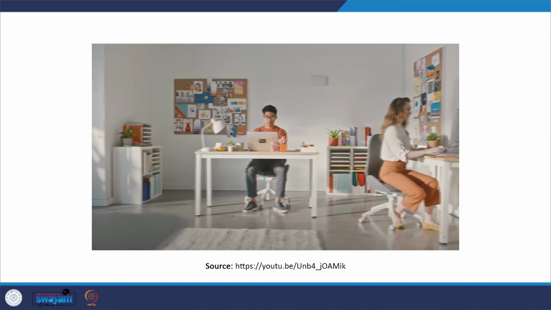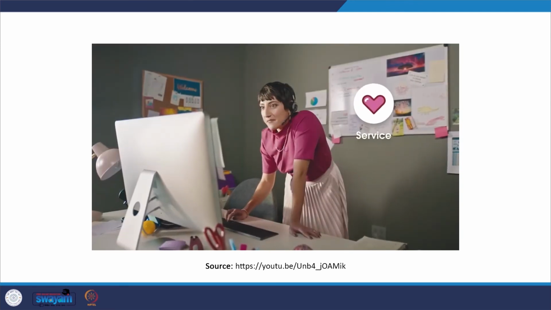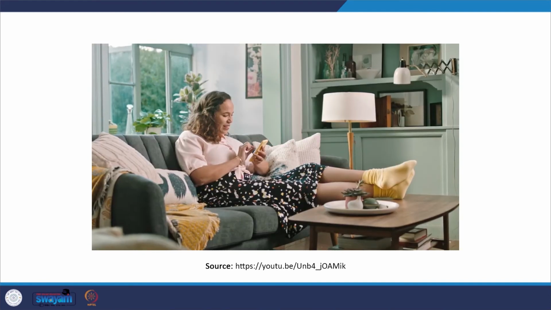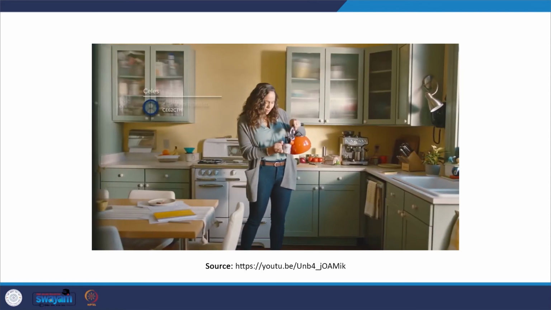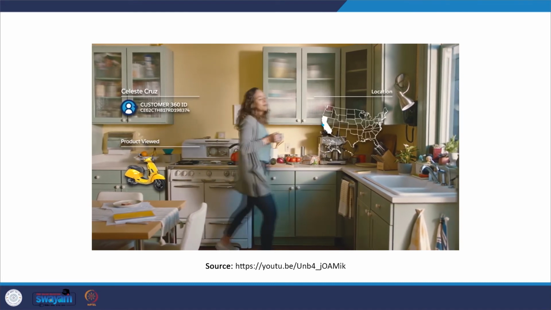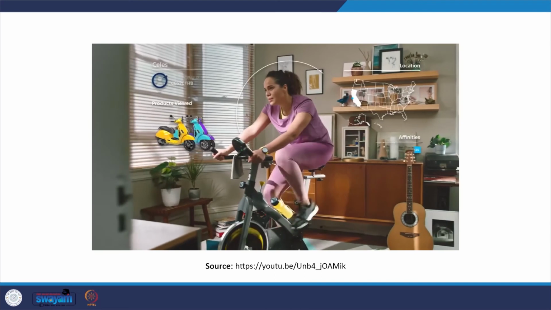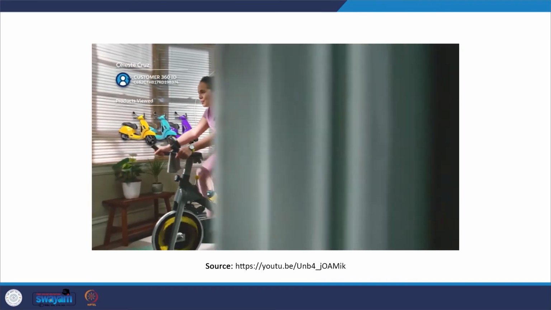CRM is for every department: sales, but also marketing, service, commerce, and IT too. A great CRM helps you do amazing things. It centralizes all your important customer information and company data in one place, so your teams have the right information to deliver the easy, connected experiences customers expect.